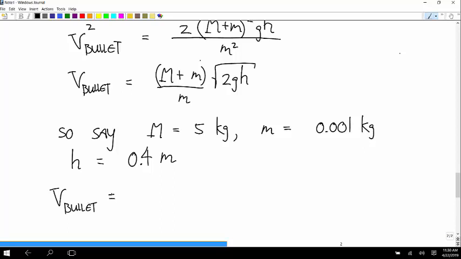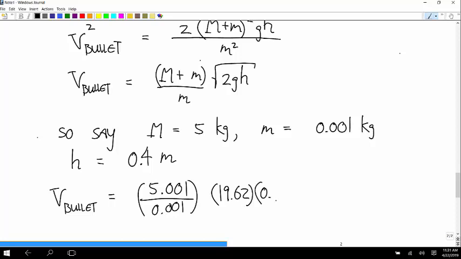Then the speed of the bullet coming out of the gun is 5.001 divided by 0.001 times the square root of 19.62 times 0.4.